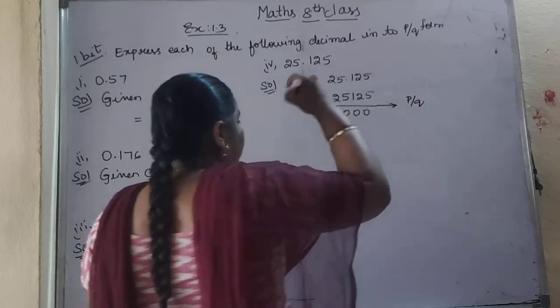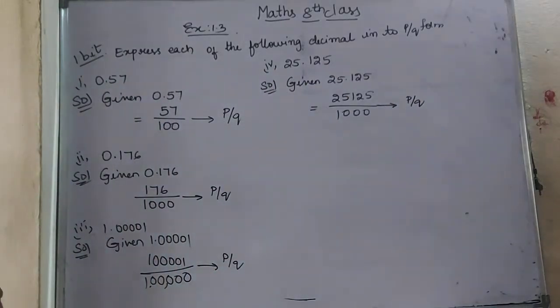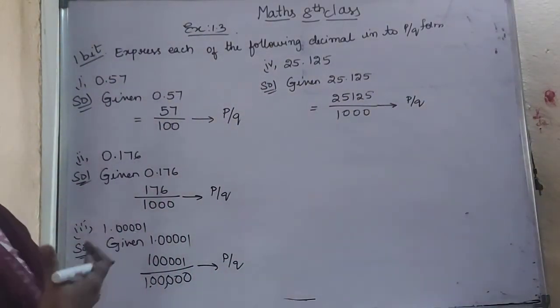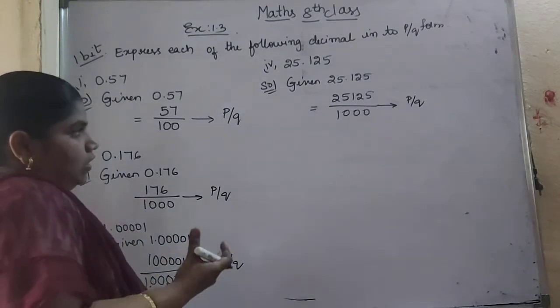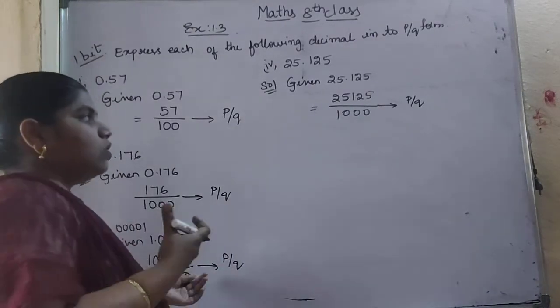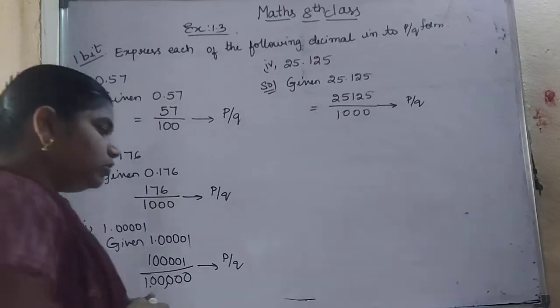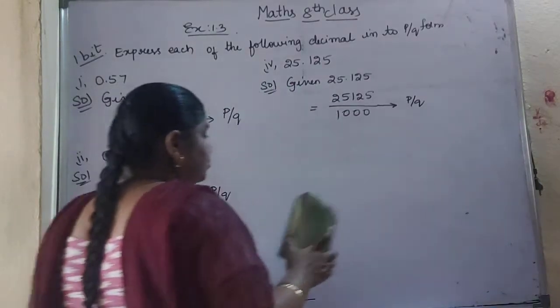This is how you convert a decimal number into p by q form. You can simplify it further, or if you are not simplifying, it is still in the form of p by q.